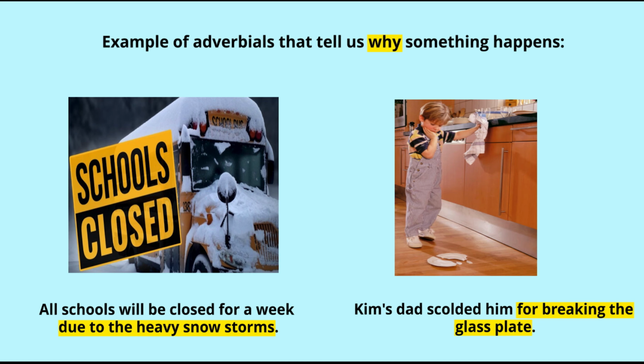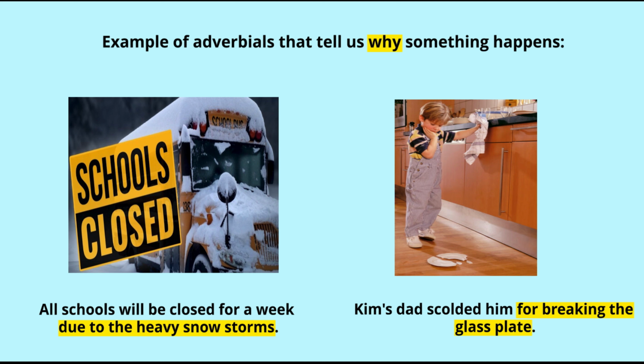The next one: examples of adverbials that tell us why something happens. In the first image, you can see a school bus covered in snow, and the board which says schools are closed, right? All schools will be closed for a week due to the heavy snowstorms.